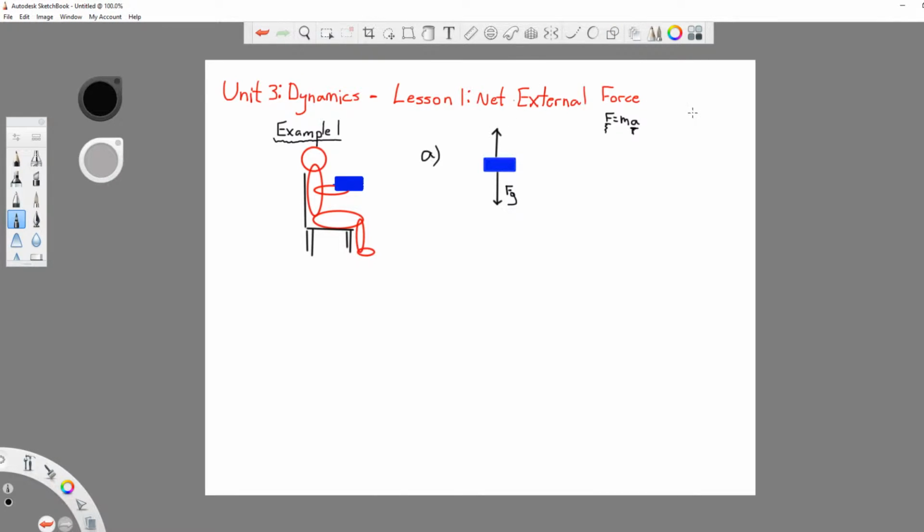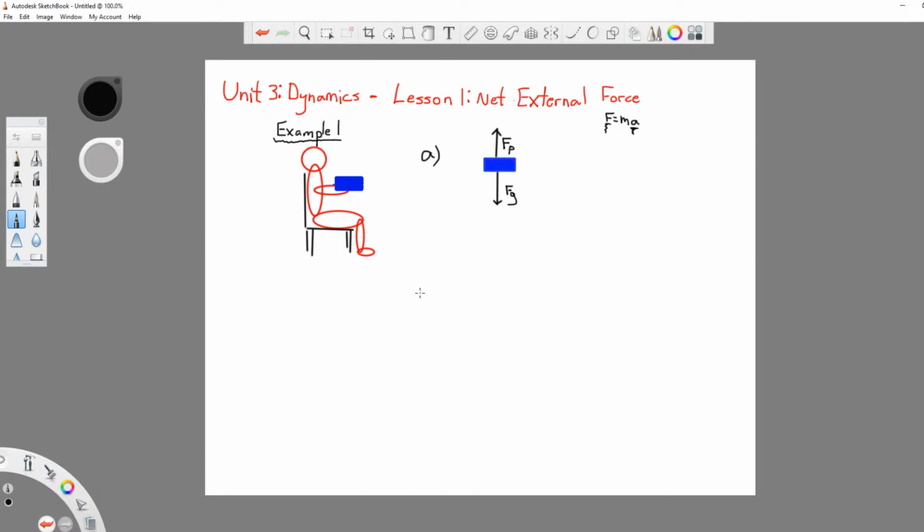We can call this the force of the person, we can call it the force of lift, really whatever we want to call this thing. I'm going to name this F_P, I think, force of person. This object only really has those two forces acting on it.